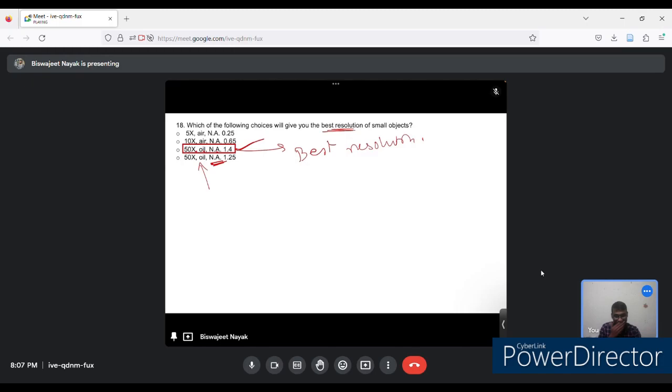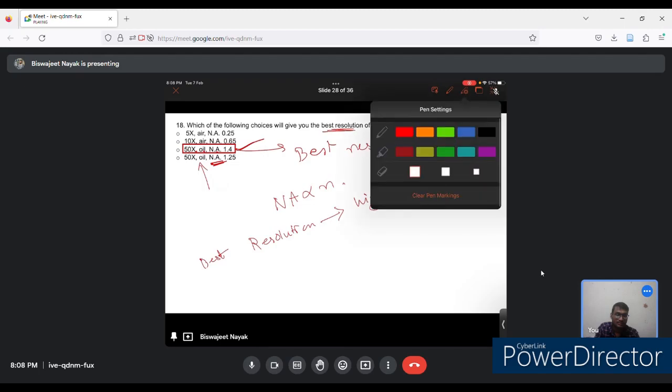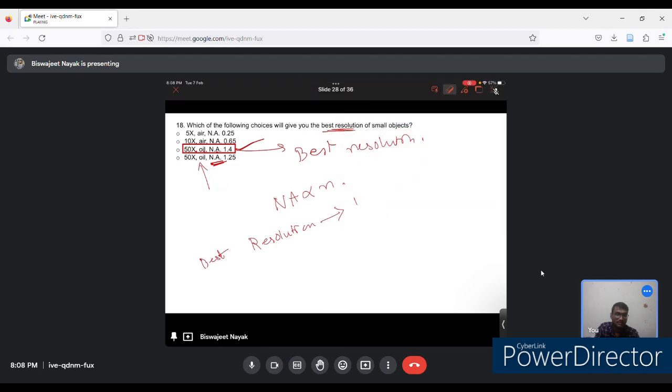So again, to recollect how resolution depends on: best resolution is given by material with more numerical aperture.